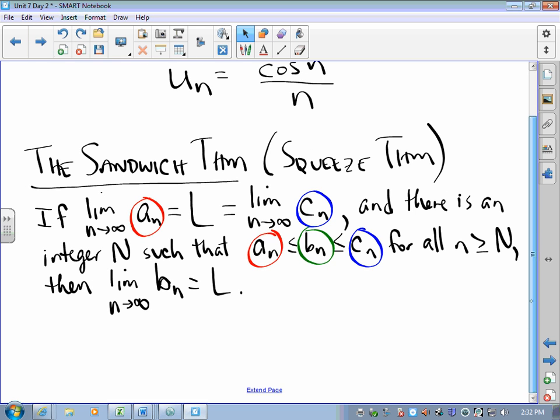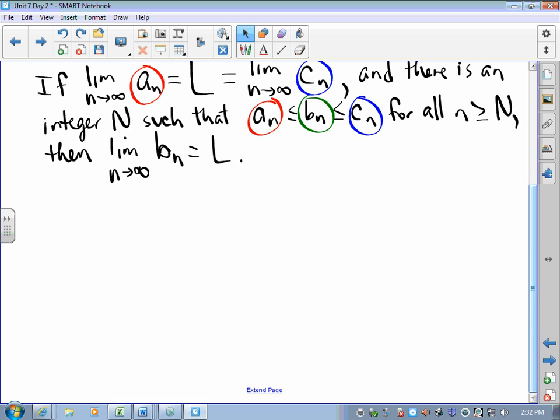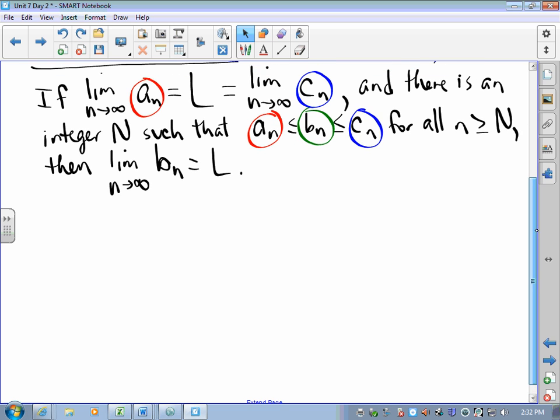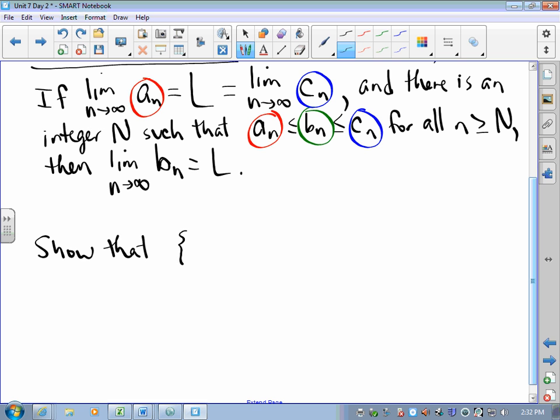How does that help us here? Well, I'm going to use the Squeeze Theorem. It's called the Squeeze Theorem because the two sequences a sub n and c sub n squeeze b sub n toward L. Let's show that this converges.